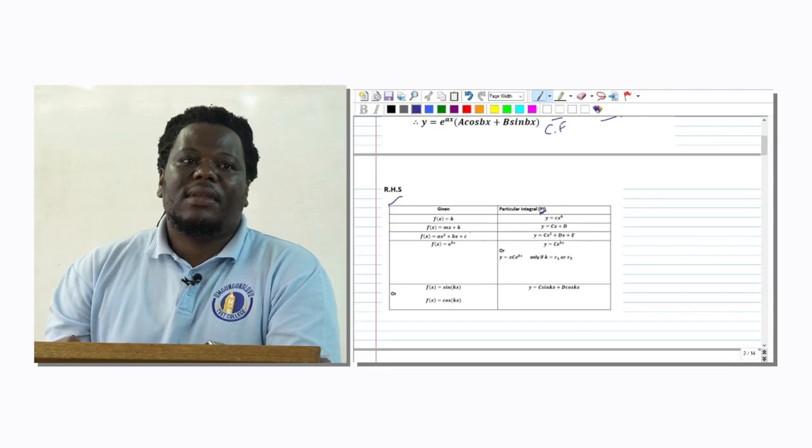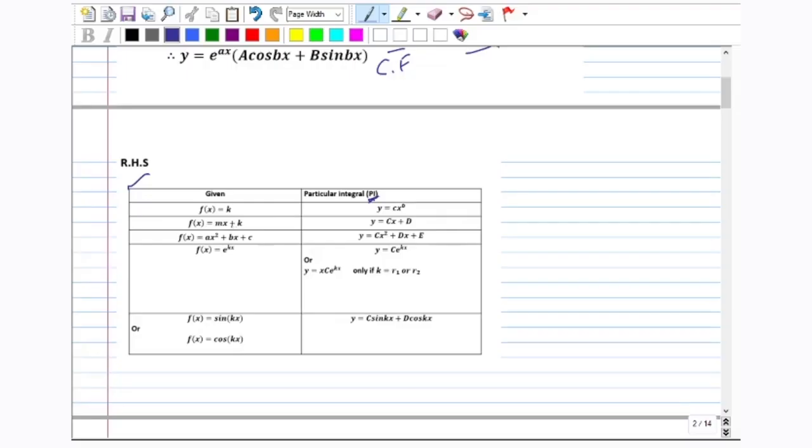Then if we are given a straight line, f at x equal to mx plus k, then your particular integral is going to be y equal to cx plus d. If you are given a quadratic, f at x equal to ax squared plus bx plus c, your particular integral is going to be y equal to cx squared plus dx plus e.